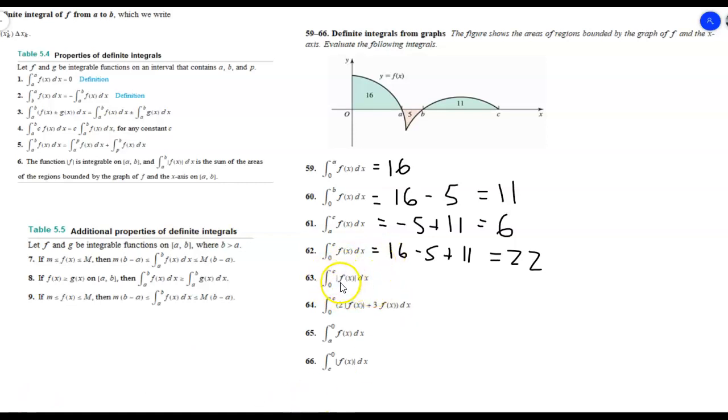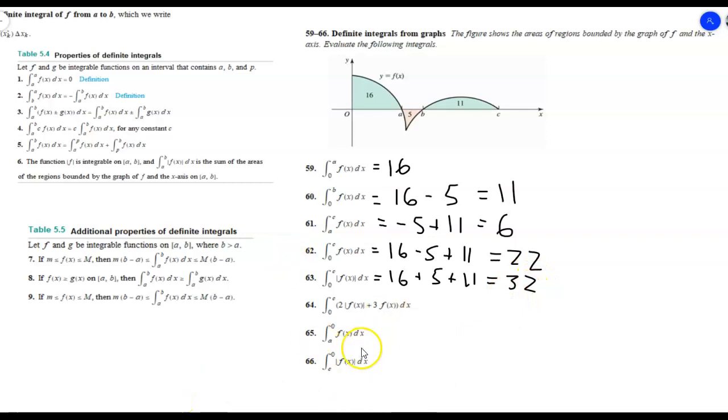So we're just going to take the positive values from each one of these areas. That's going to be equal to 16 plus 5 plus 11 plus... sorry, going too fast: 16 plus 5 plus 11, and that's going to give us 32, I believe.